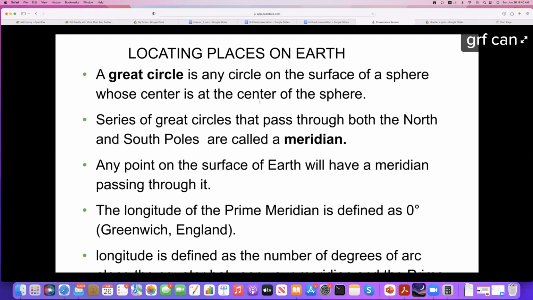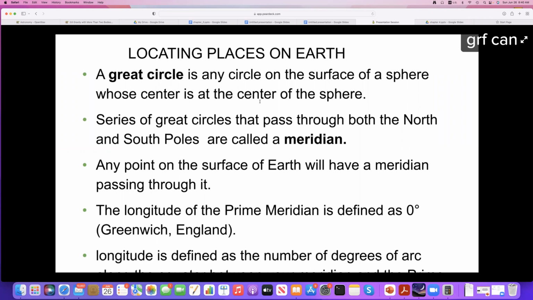Number one, you need to know what a great circle means, right? In geometry, a great circle is any type of circle on the surface of a sphere whose center is at the center of the sphere. Which means a great circle is a circle, but the center of that circle should be the center of the sphere.